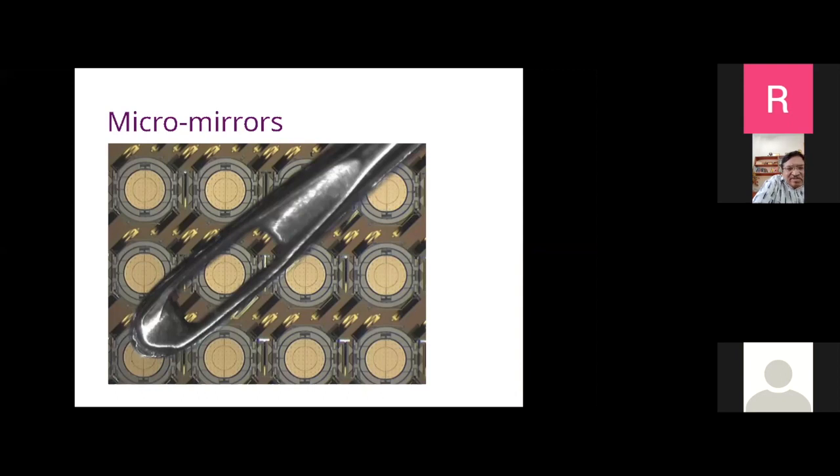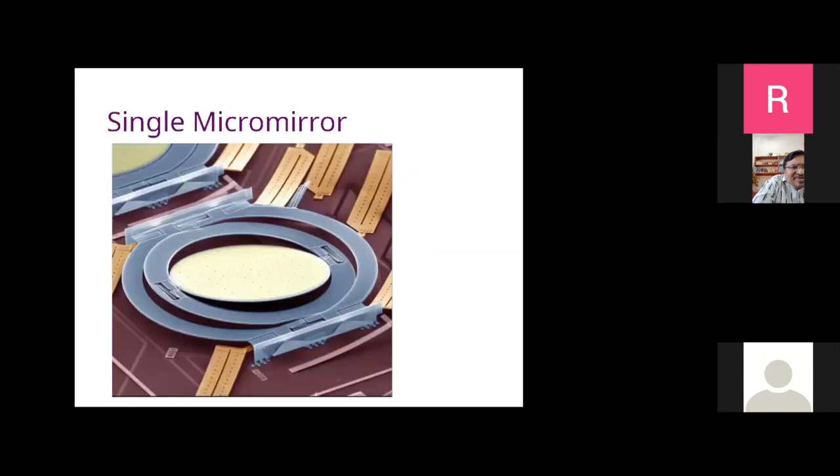Yes. This is a close-up of the mirror that you have seen earlier. You see that there is a circular plate, gold coated, so that light can reflect off it.